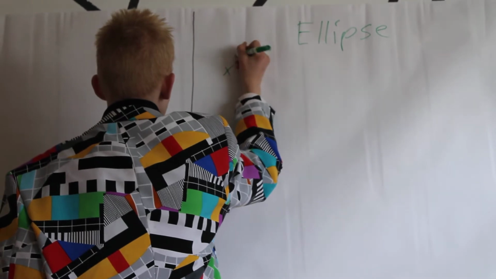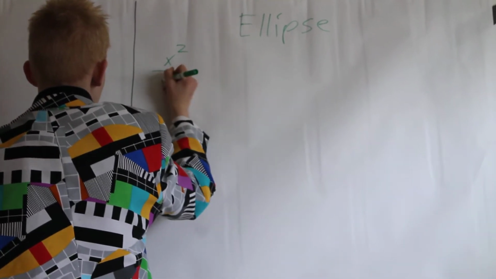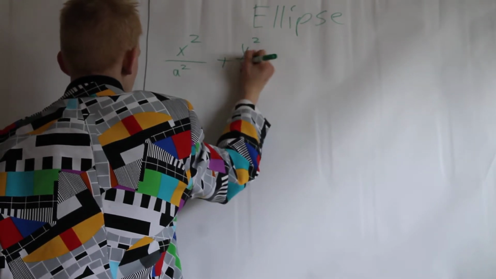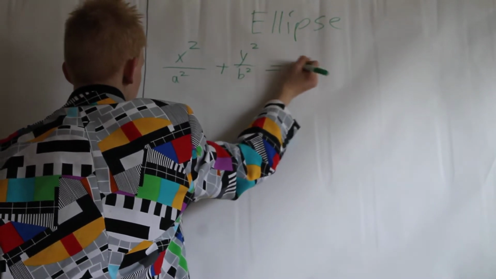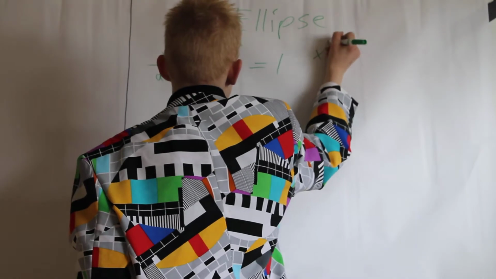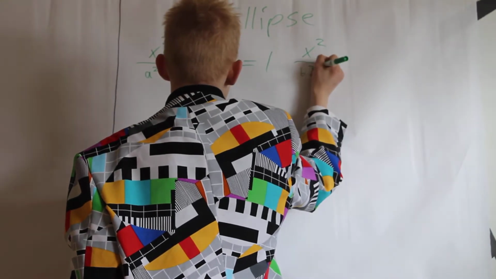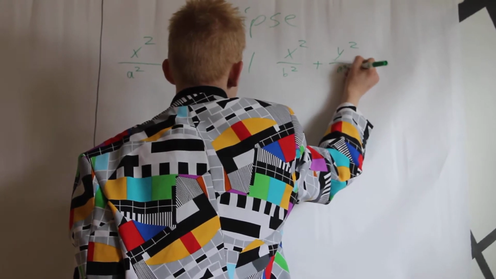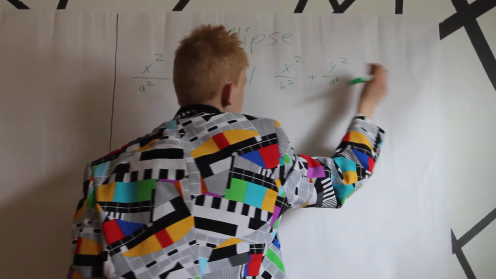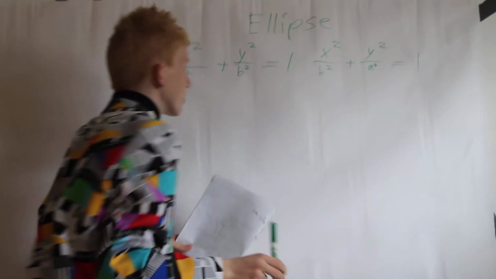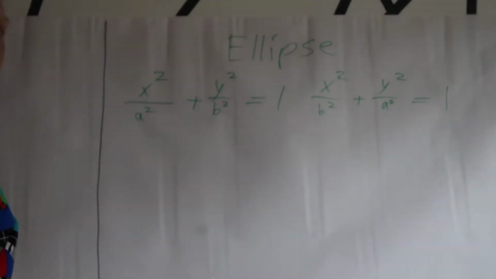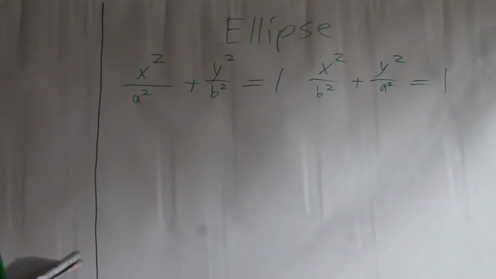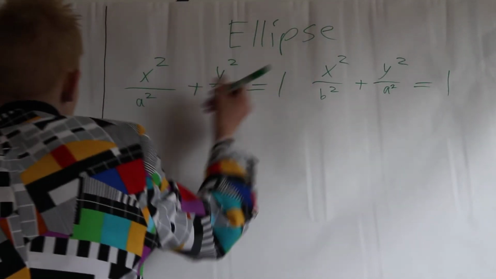There is x squared over a squared plus y squared over b squared equals 1, and there is x squared over b squared plus y squared over a squared equals 1. These are your two different forms, and then we're going to do the exact same thing. We're going to add the minus h and the minus k to these top portions.